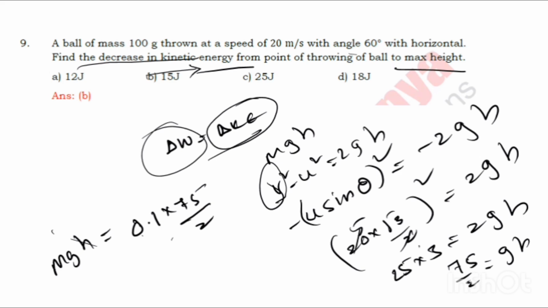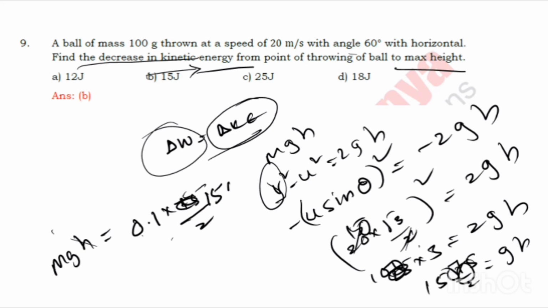Now, sorry, here u square sin theta, sin 60 root 3 by 2, sorry, 20 into 10, this is 100, this is 150, gh is equal to 150.